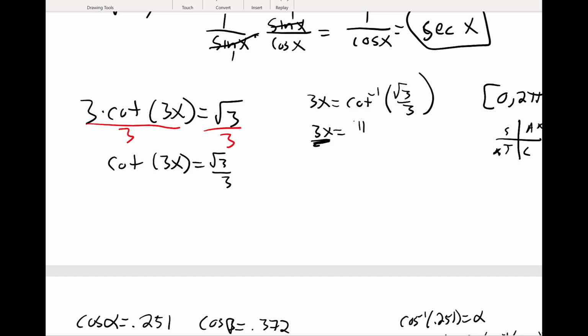Okay, so this is going to occur at pi over 3, and then it'll occur, that's the first quadrant, then it's going to occur at the third quadrant, so that's going to be 4 pi over 3.